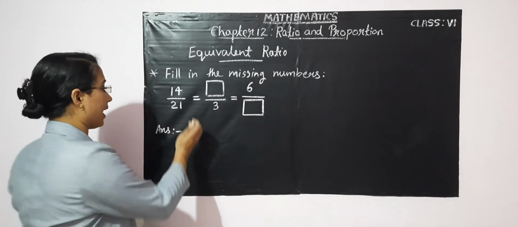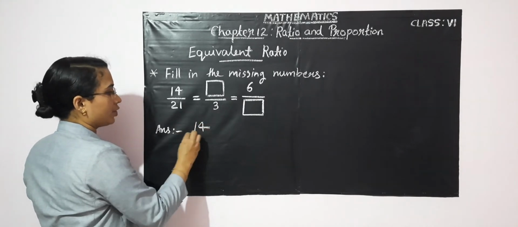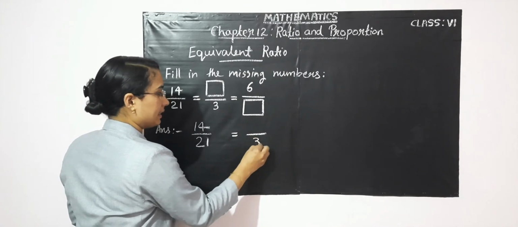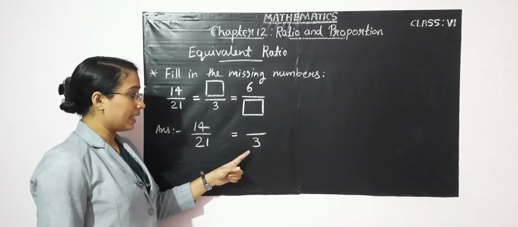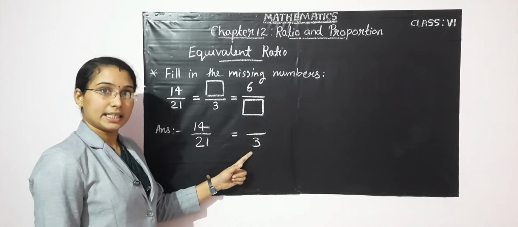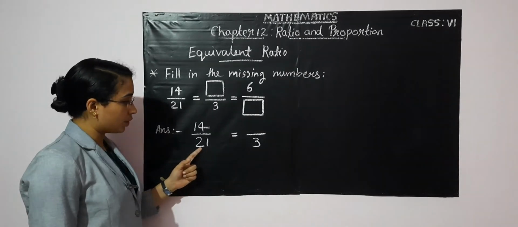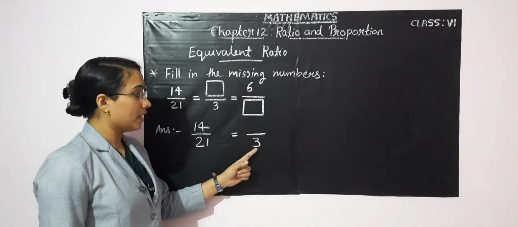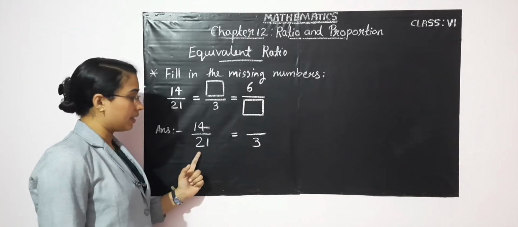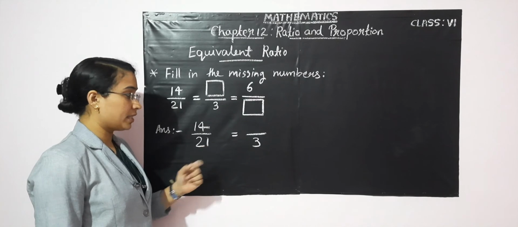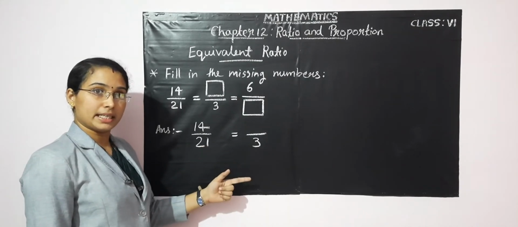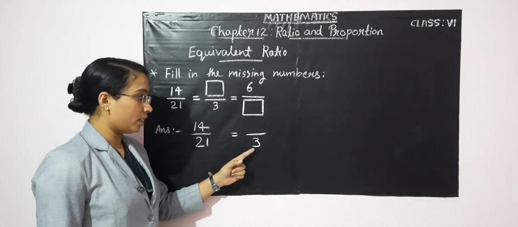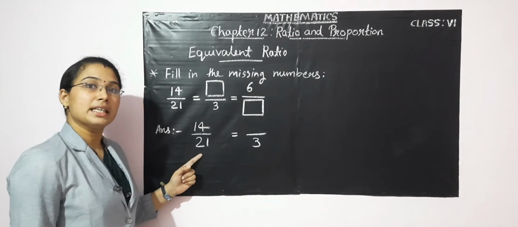So first we can write 14 by 21 equal to dash by 3. Here the numerator is missing and both denominators are given. So here we can check 21 divided by which number we will get 3. Otherwise 3 into which number we will get 21. So which number can we use for division or multiplication? 7. 21 divided by 7 we will get 3, or 3 into 7 we will get 21.